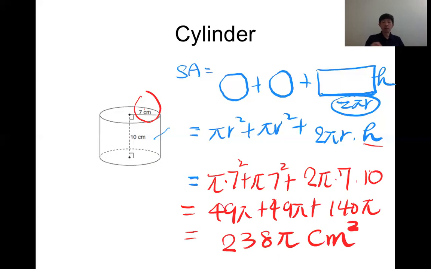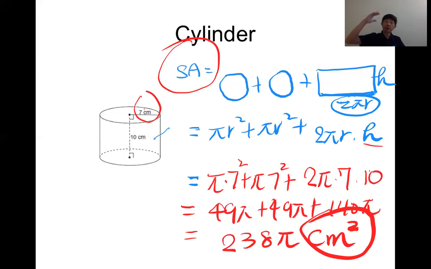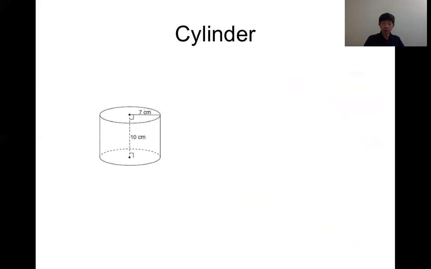All right. Because we're looking for surface area, that's why we have a square unit. Okay. And then next, we're going to find the volume. Volume, again, is equal to the area of the cylinder on the bottom, which is a circle.